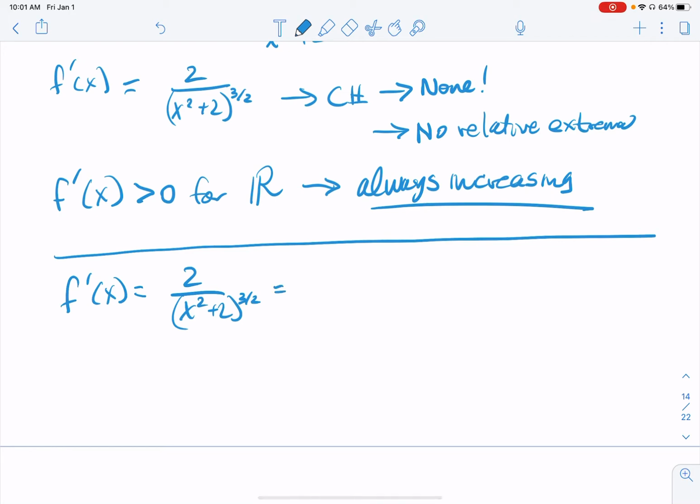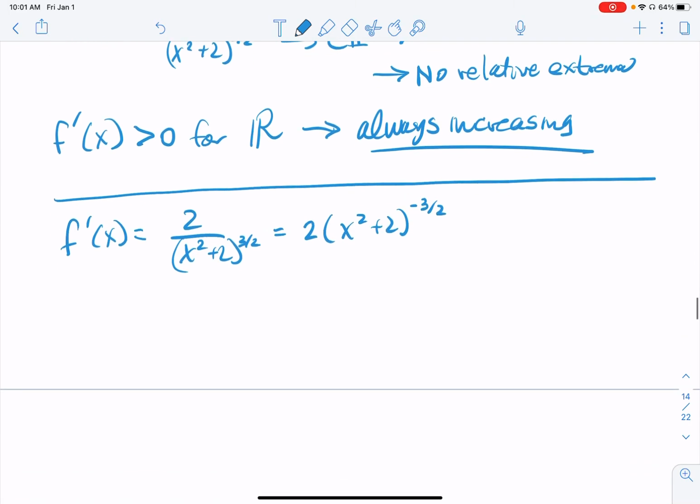So I'm going to avoid the quotient rule by rewriting this as 2 times x squared plus 2 to the negative 3/2 power. No quotient rule necessary. And now the second derivative: leapfrog that 3/2 down, that half and the 2 will cancel out, giving me a negative 3 times x squared plus 2.